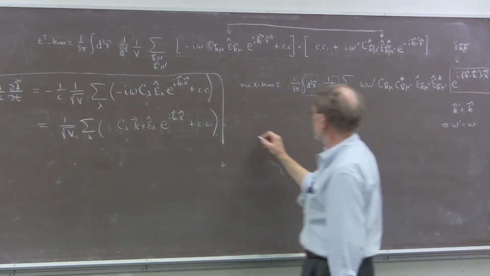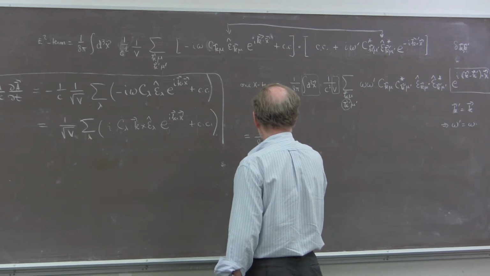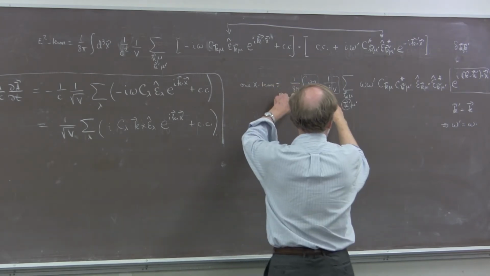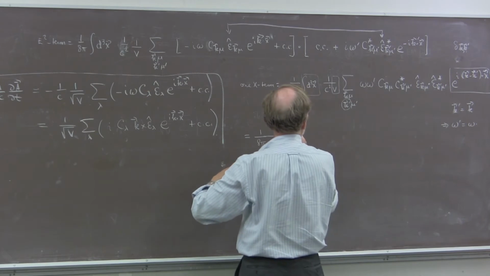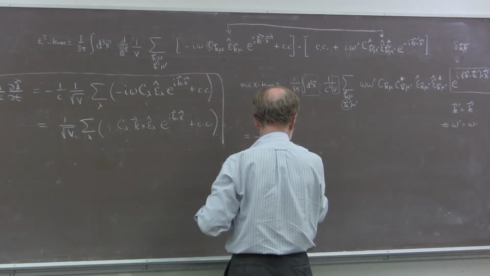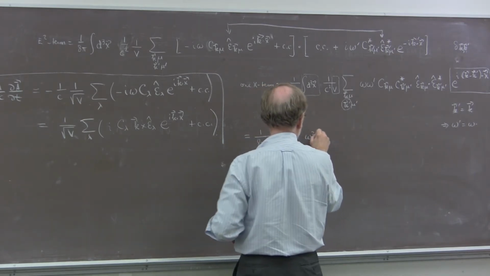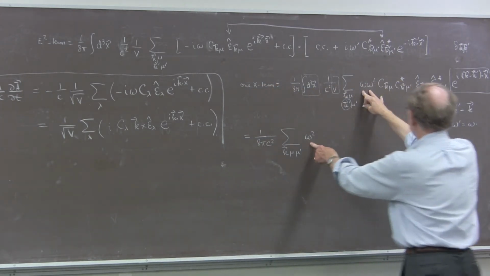After that simplification, what I get is 1 over 8 pi c squared in the denominator, and then the sum on k, mu, and mu prime of omega squared, with omega prime turned into omega squared.